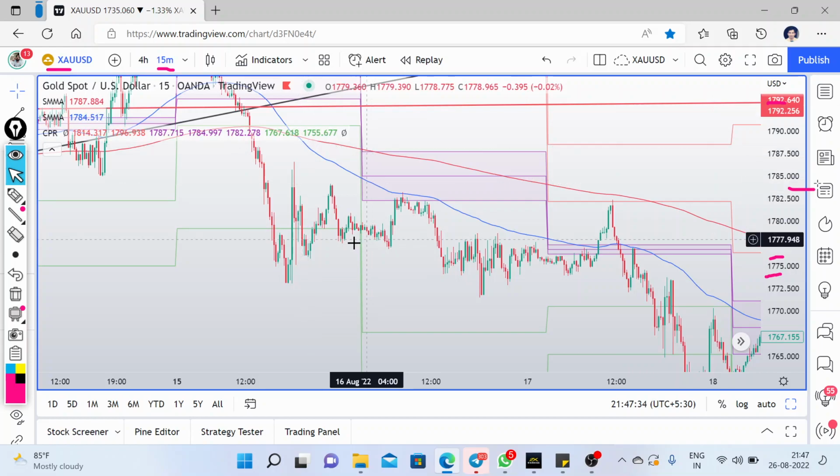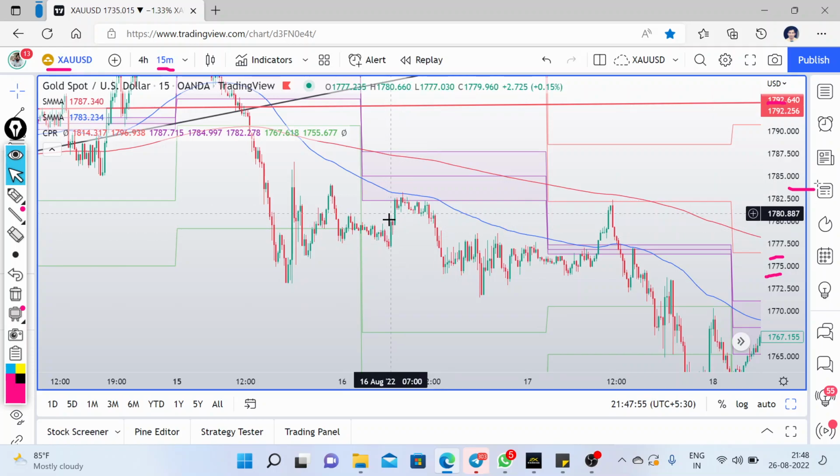As you can see, on the next day you do not have to enter in the US session. You have to remember that you do not have to wait for the US session entries. You just have to trade in the Euro or the Japan session, the Asian session.